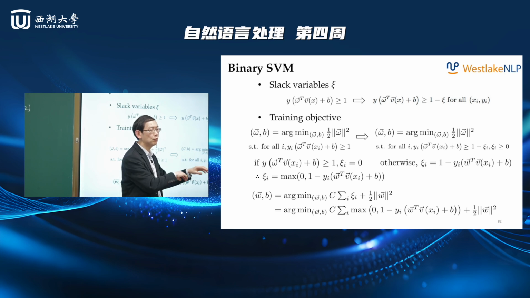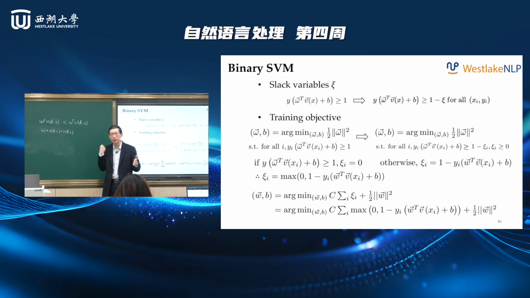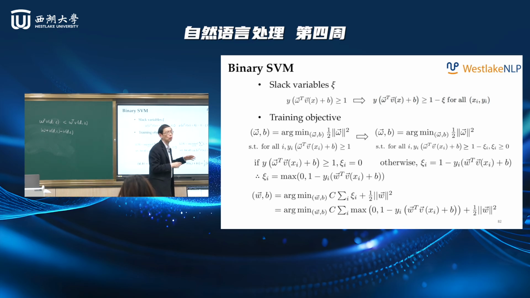If 1 minus y dot the score is more than 0, then there's a problem. So that's the slack variable. If I define the slack variable as this, max of 0 and 1 minus y dot the score, then I want to minimize the W norm.